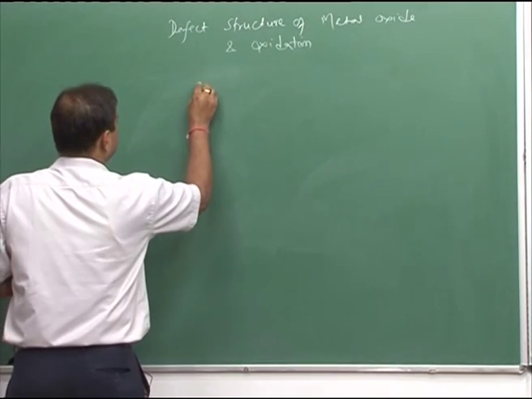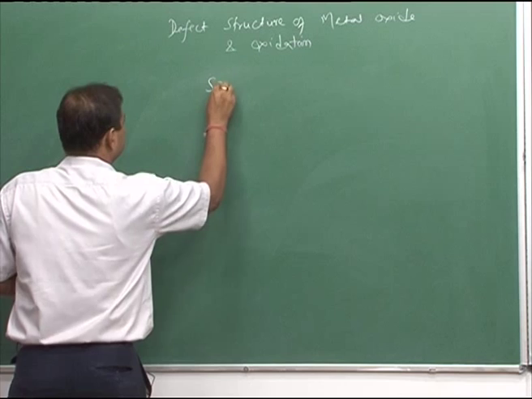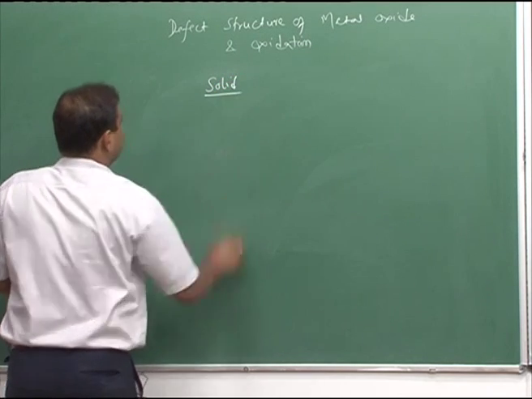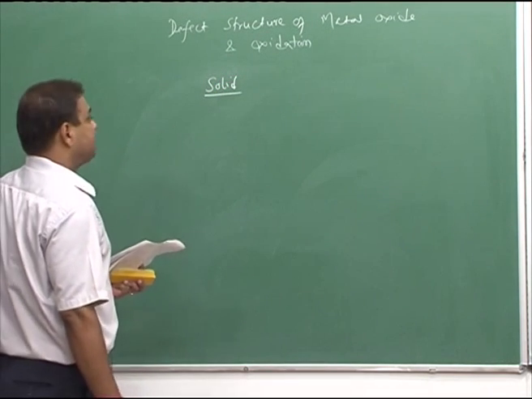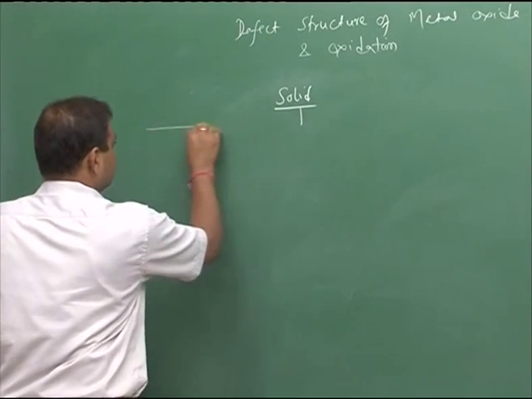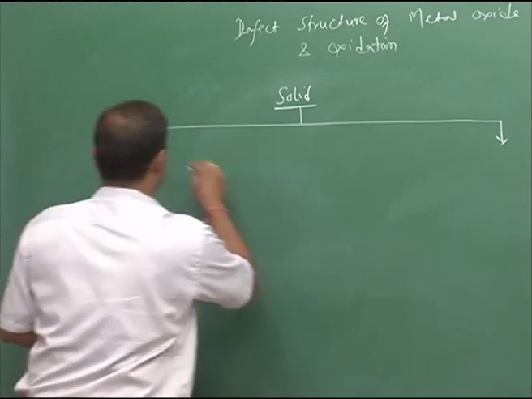Defects in metal oxide. Generally, we see that in solids we have 4 types of defects.